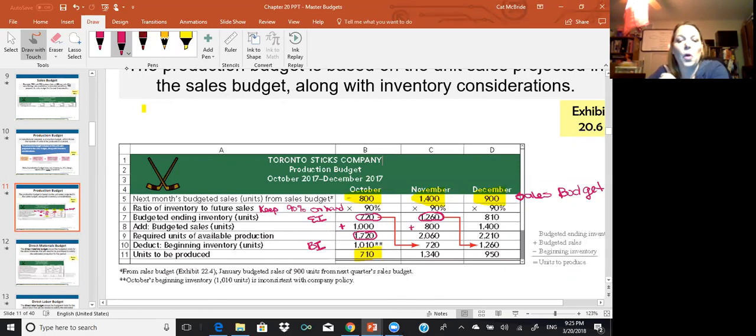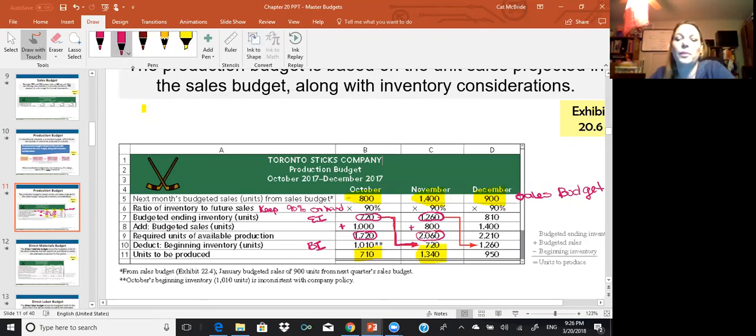That means I need a total of 2,060 units. I should have 720 in ending inventory. That's what I set aside at the beginning of last month. So I should have 720 in ending inventory, which means that I have to manufacture a total of 1,340 units.